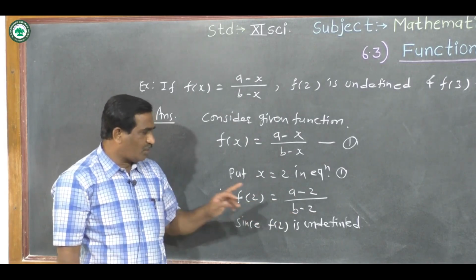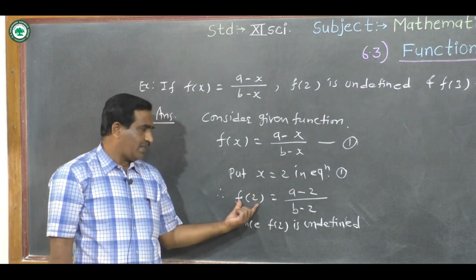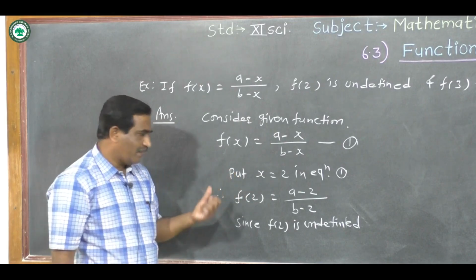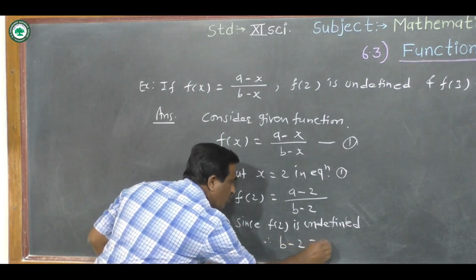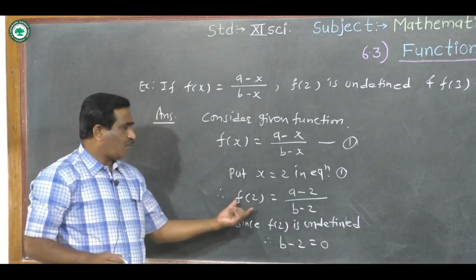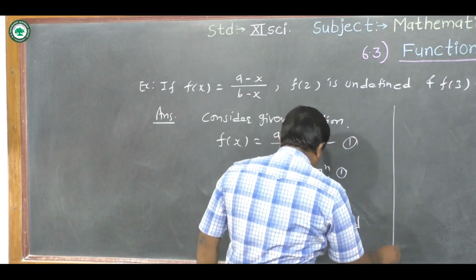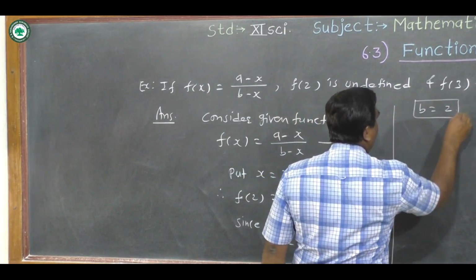Therefore f of 2 is not defined. Therefore we can take here b minus 2 is equal to 0, then f of 2 becomes undefined. Therefore we get the value of b here, b is equal to 2, the first value.